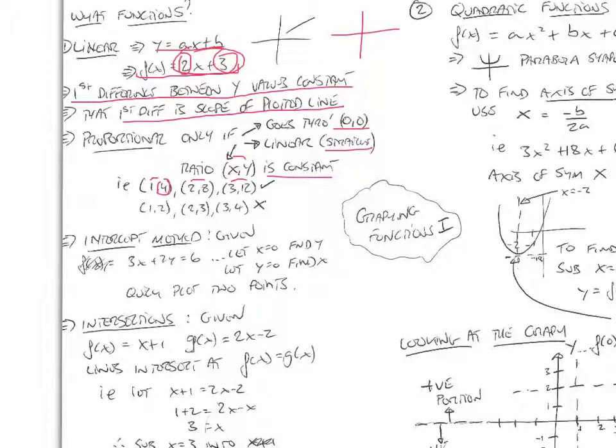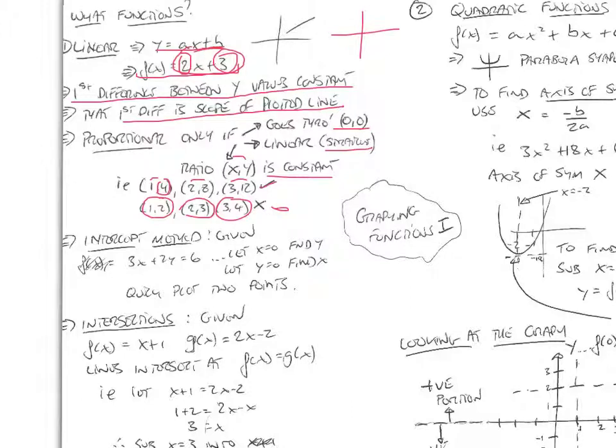So they are proportional, the x's to the y's, whereas here 1 goes into 2 twice, but 2 doesn't go into 3 twice, and 3 doesn't go into 4 twice. So that's not proportional.